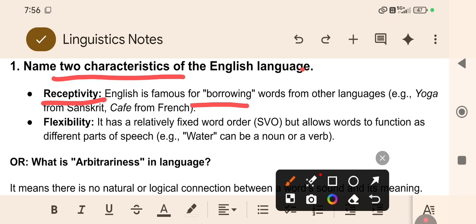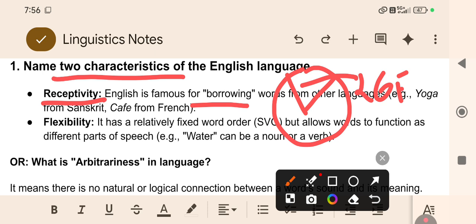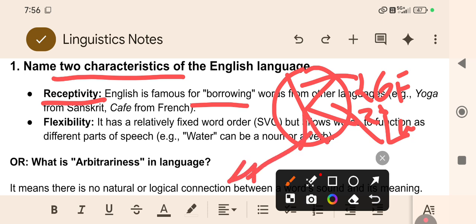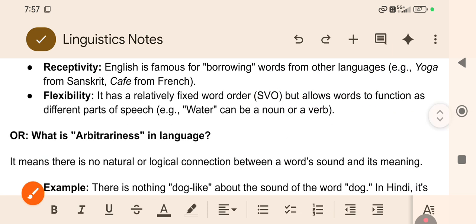Let me recall the chart, right? 26% French, 26% Latin, okay? And then 4% other languages. So these words have been borrowed from other languages and have enriched English, right? So English is famous for borrowing words from other languages.